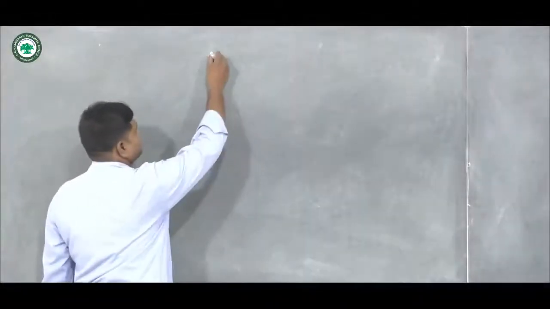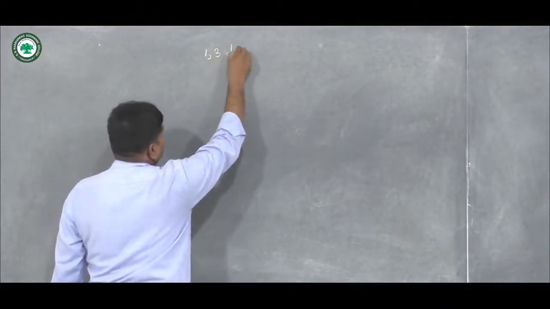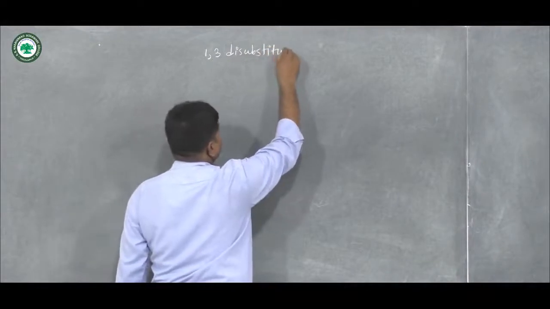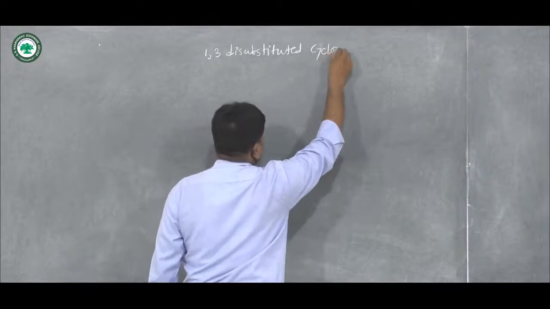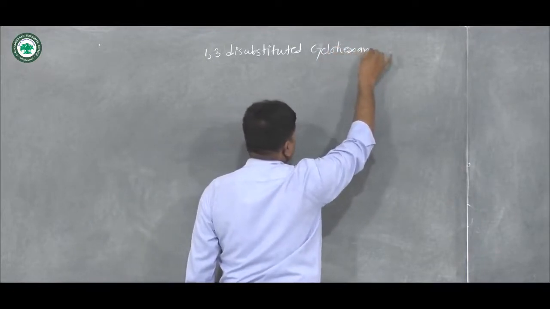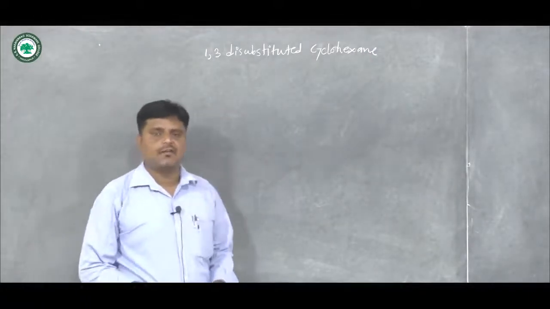Next point is 1,3 disubstituted cyclohexane. 1,3 disubstituted cyclohexane.